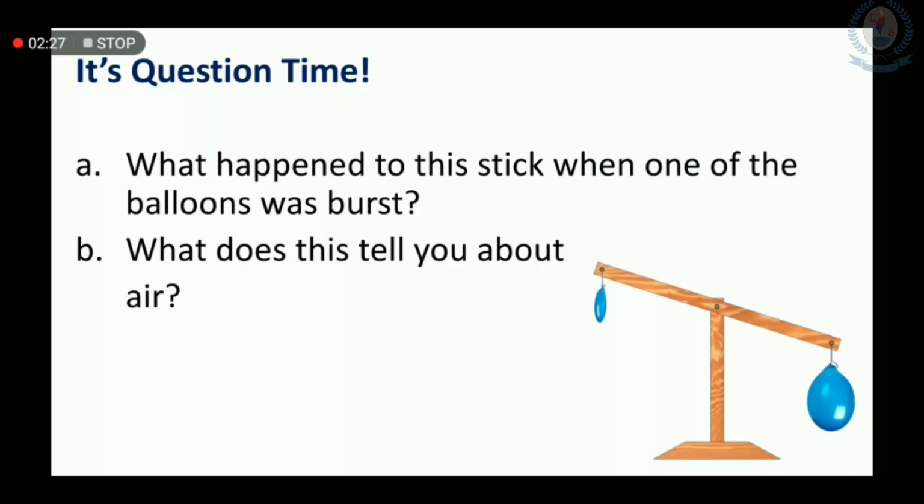And the other is, what does this tell you about air? I will give you a few seconds. Can you decide what the answer should be? Think about it for a while.